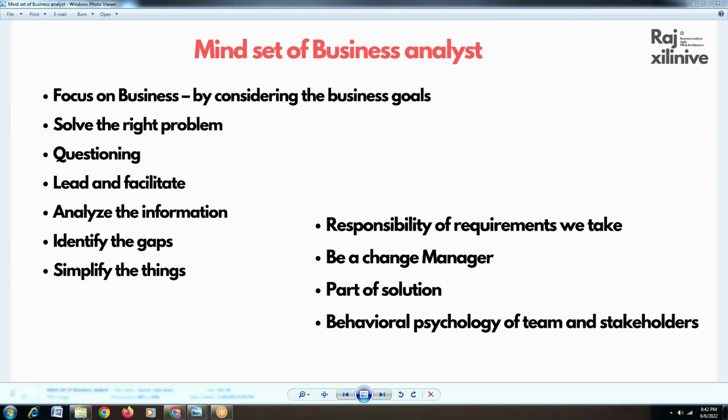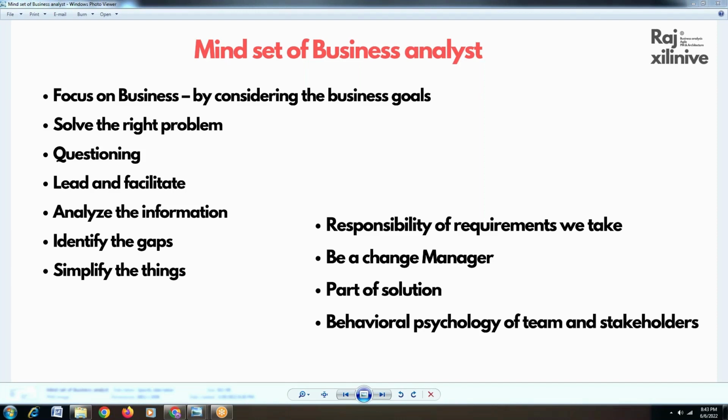Responsibility of requirements, of course. We are responsible as a BA. Next, you must be a change manager all the time, and a part of the solution for the project. At the same time, know about the behavioral traits of individuals, the team, and stakeholders.